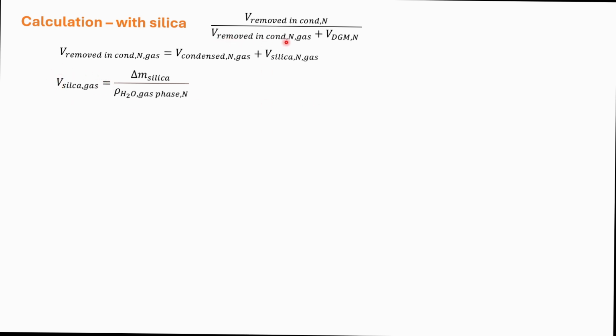The second term is the volume removed from the liquid, the volume that we've condensed. So the volume we condense is in the liquid phase. Remember, we want to be working in the gas phase. So again, we go back to mass balance, mass principles. We can say that the mass of the condensed gas is equal to the mass in the liquid phase because mass is conserved.